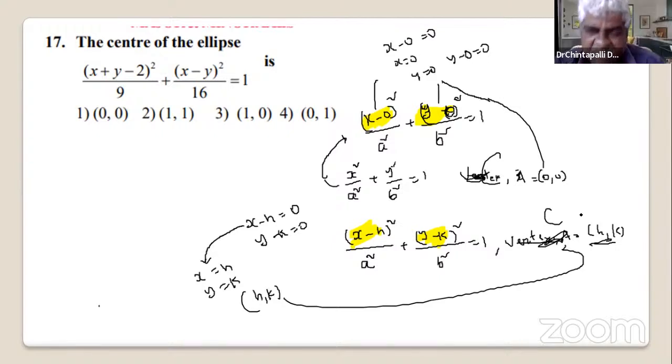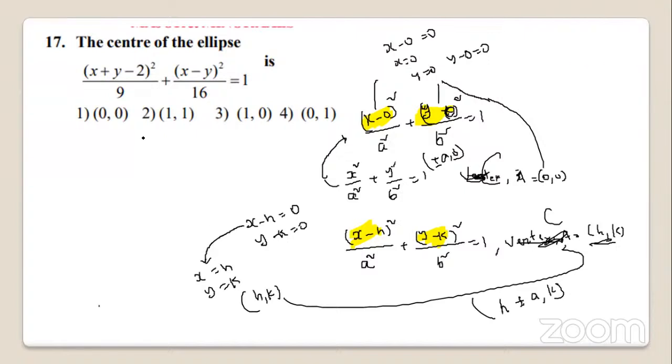The vertices of this ellipse are plus or minus a comma 0. The vertices of this ellipse are h plus or minus a comma k. So it is the center, right?